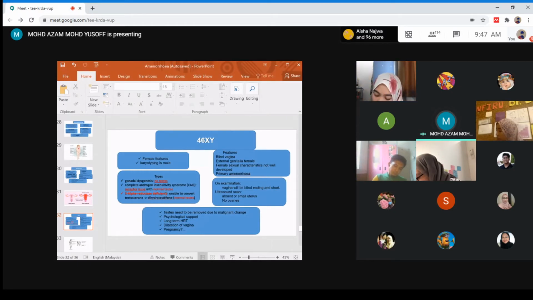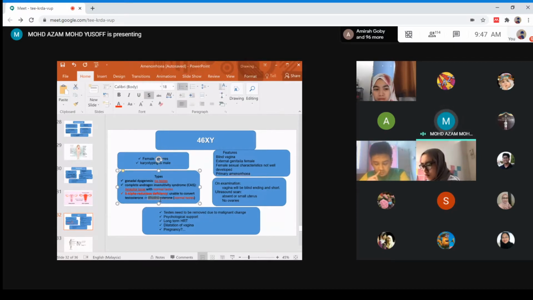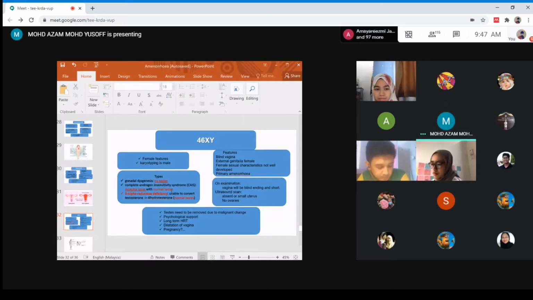So the external genitalia are unable to be converted to male. There is no penis, no scrotum. It needs this change to turn the external genitalia into male. Faham ke?